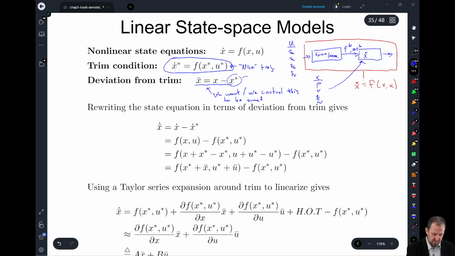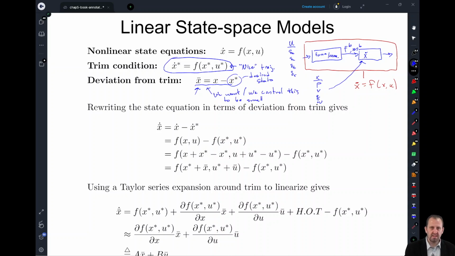So again, this is our desired state. We're going to use feedback control mechanisms in Chapter 6 to start pushing our state to the desired value. So we can look at the dynamics of this deviation. We're going to use this bar, just like we did in the previous lecture. This bar is deviation from the trim, or deviation from the desired.